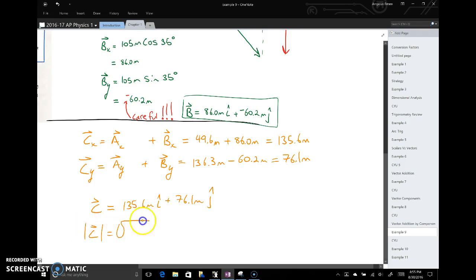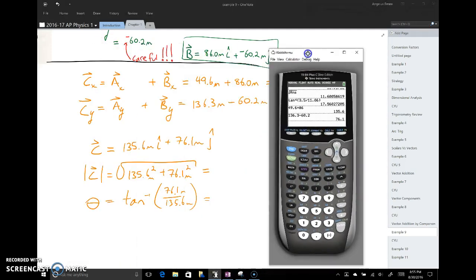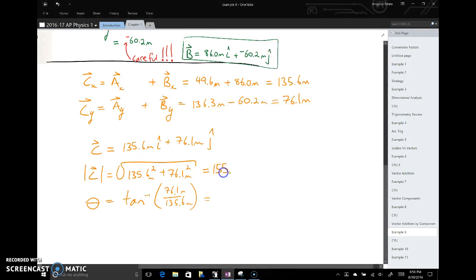The magnitude of C we're going to get from Pythagorean theorem, and the angle we're going to get from the arctangent. All right, so 155.5 and 29.3 degrees.